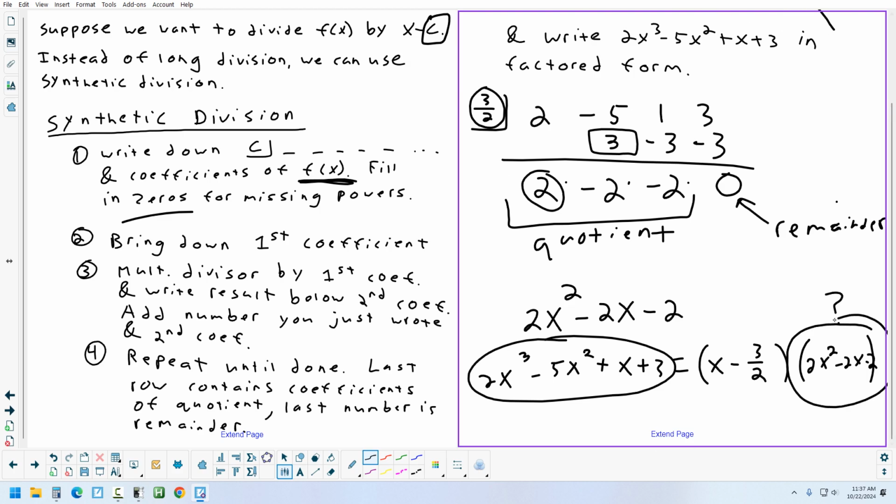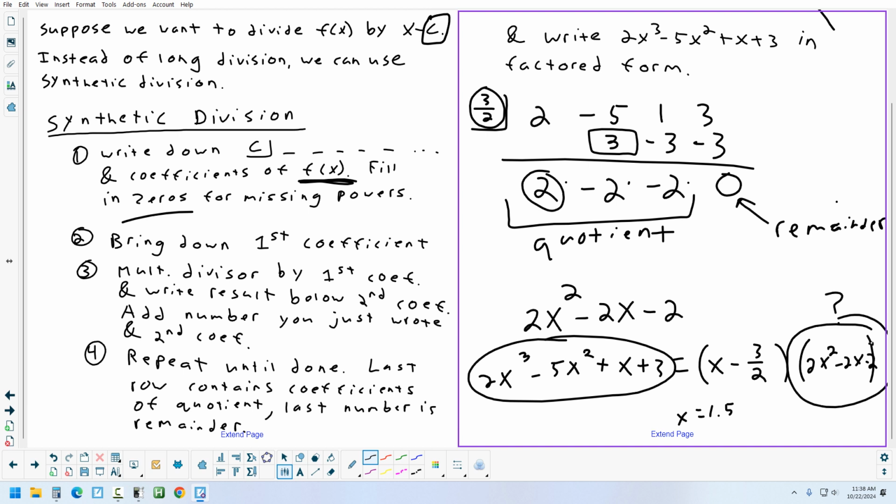I'd have to take that quadratic equation and solve it. So I know this one is 1.5. For the others, I'd either have to try to factor it or use the quadratic formula. And whatever I get for the answers here, that's the other two places where it crosses the x-axis, as long as they're not imaginary. If they were imaginary, that wouldn't count.